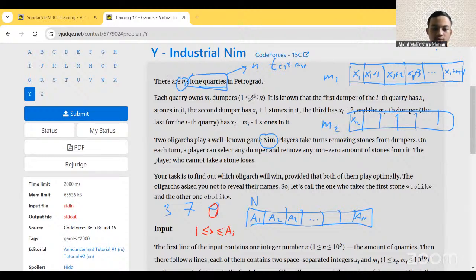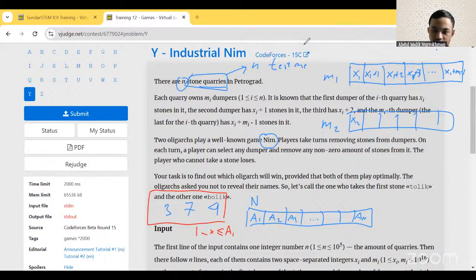Okay. So do you know which player will win the NIM game? For example, in this case, which player wins the game? Second. Alright, that's correct. How do you know? What is the strategy to check which player wins the game?